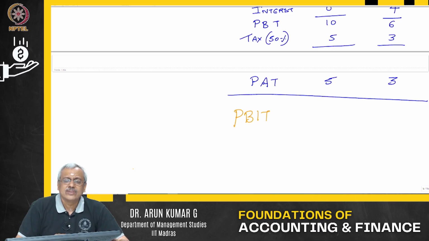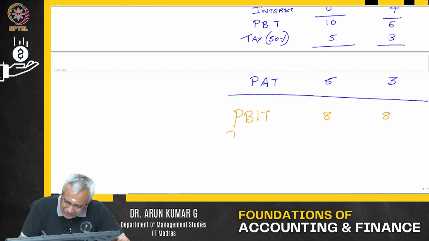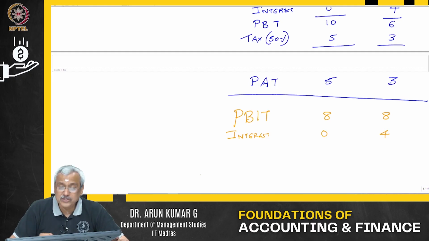The profit before interest and tax drops from $10 to $8 in both the cases. Please note, both the companies are exactly in the same business. Now what happens? My interest is 0 for A, and $4 continues to be $4 for B, because debt I am obligated to pay.